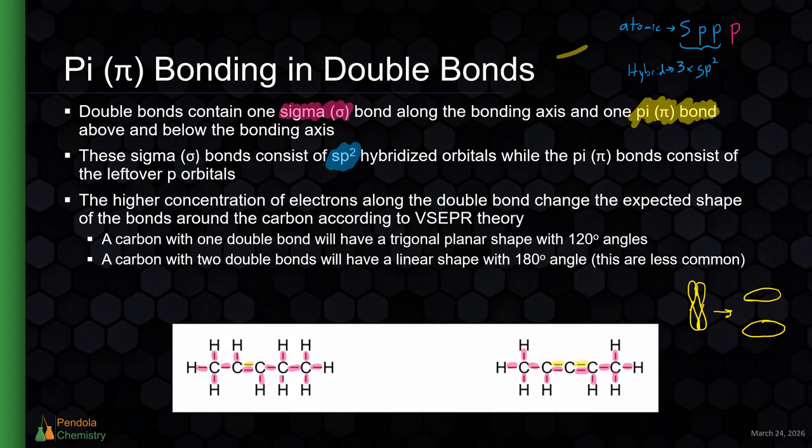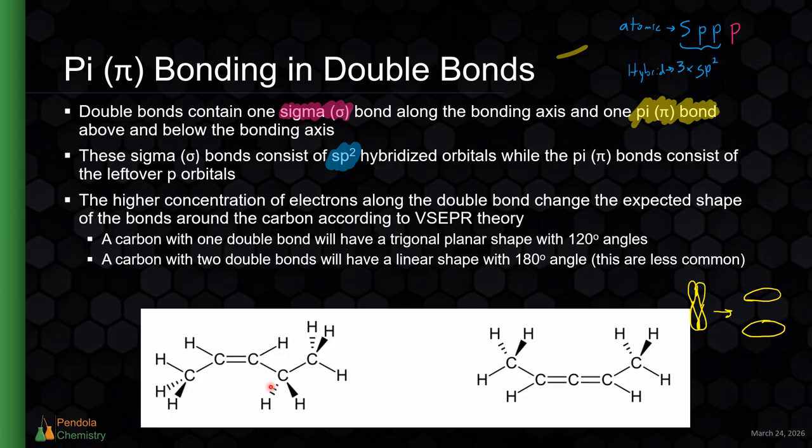Whenever we have a double bond and 2 single bonds on a carbon, that carbon is going to be trigonal planar in shape. So let me erase these colors so we can see it better. So whenever we have that overlap, the carbon that has a double bond is actually going to be trigonal planar in shape.